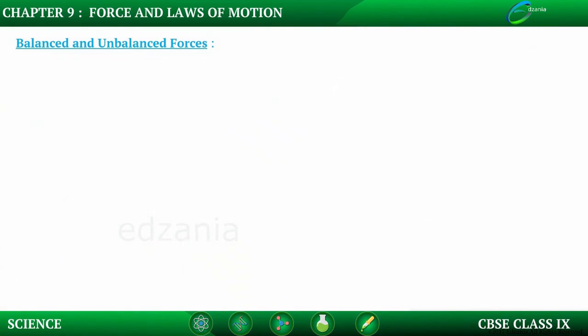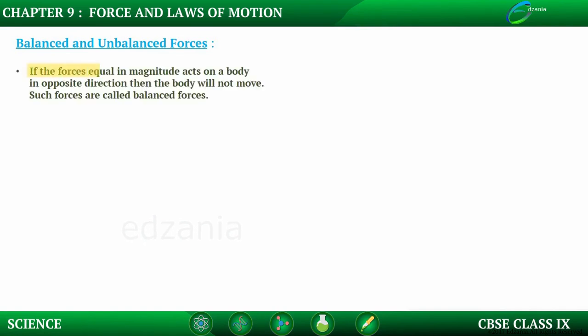Now we will learn what are balanced and unbalanced forces. Let us see what are balanced forces. If forces equal in magnitude act on a body in opposite directions, then the body will not move. Such forces are called balanced forces. Let us consider it with an example. Consider a box tied with strings X and Y on opposite ends.